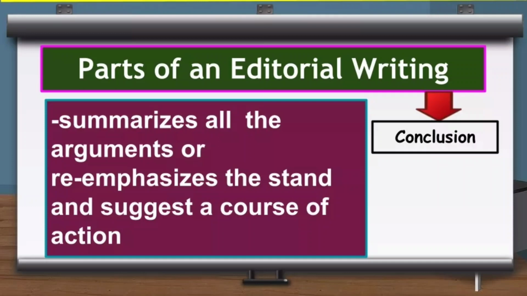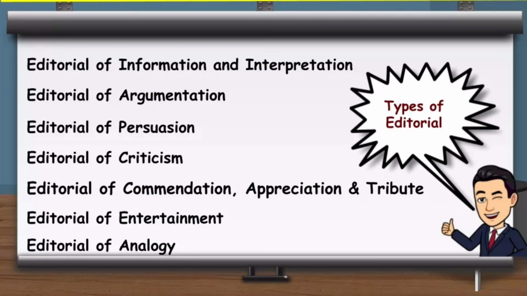So that is all about the conclusion of your editorial. It's important that you summarize, restate, re-emphasize, and give reminders to your readers. Okay? So as writers, you need to know the different types of editorial.